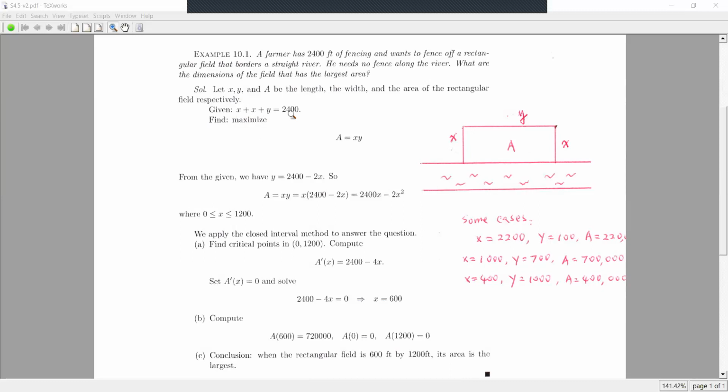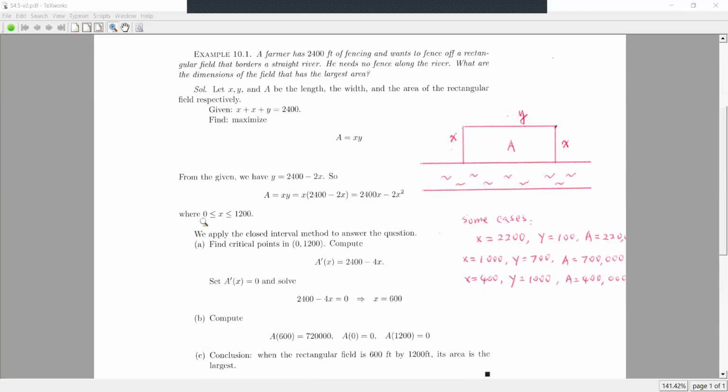To keep this equation, then y has to be 700. 700 times 1000 is this area. Or you can choose 400 for x, then y must be 1000. So area is this. So for different choices of x, areas are different. Now the question is how to choose an x so that area is the largest. That is the question.